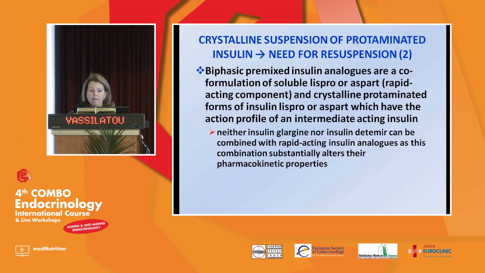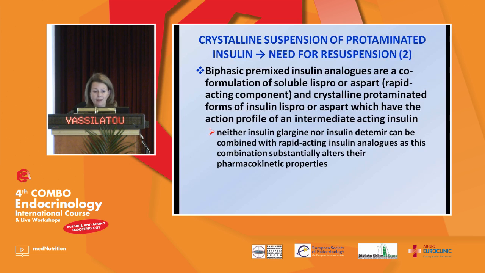The same applies to biphasic premixed insulin analogs, which are a co-formulation of soluble lispro or aspart, which is the rapid-acting component, and crystalline protaminated forms of insulin lispro or aspart, which have the action profile of an intermediate-acting insulin.